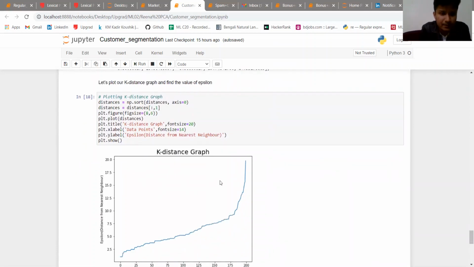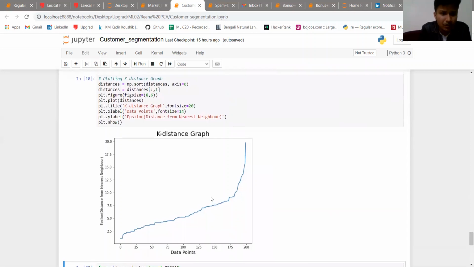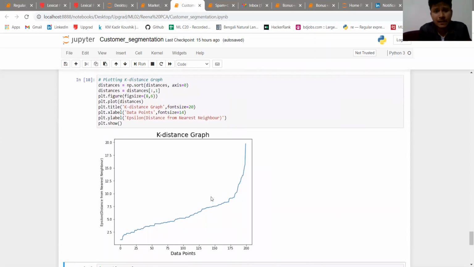we have this K distance graph. Here we have to find epsilon. This video is basically for machine learning enthusiasts, so those who understand the concepts would know that for epsilon, we determine the point from where the distance between the points starts rapidly increasing.